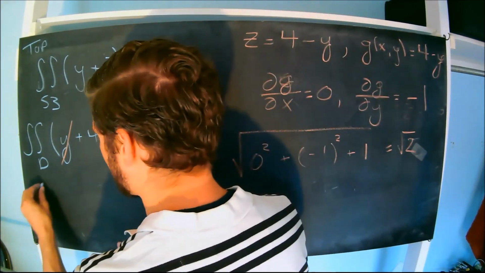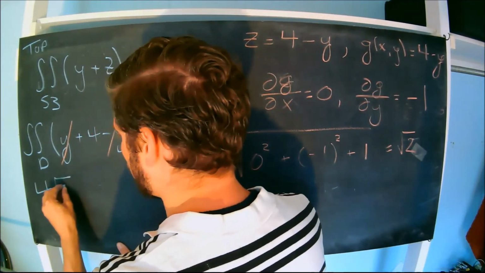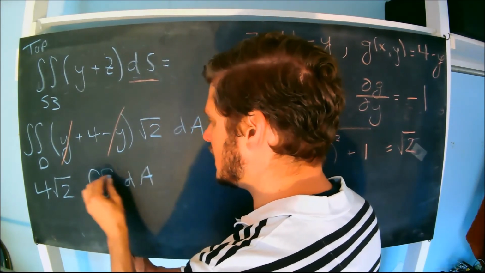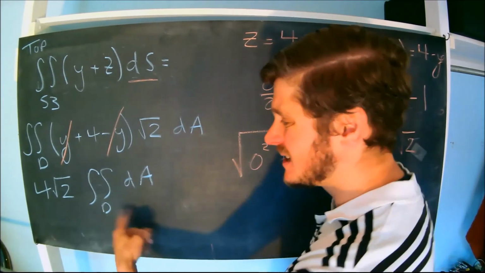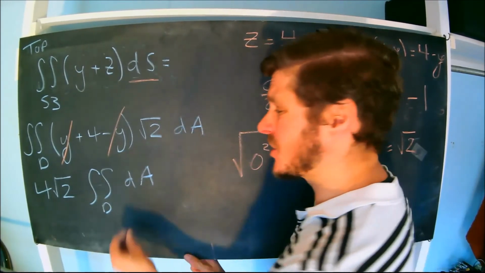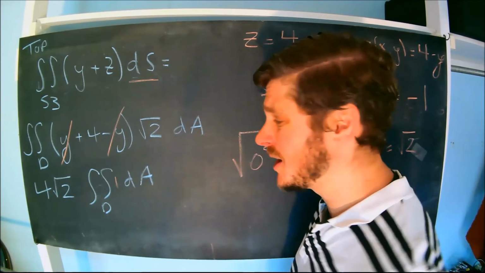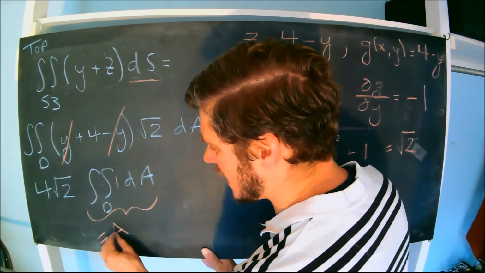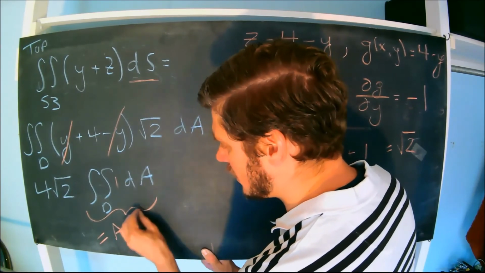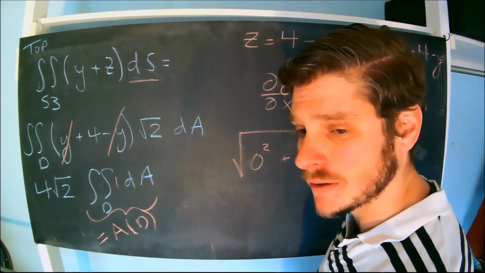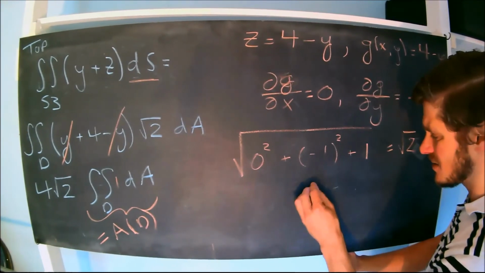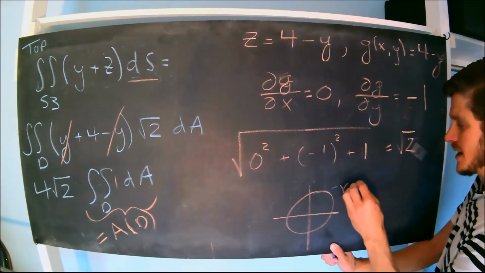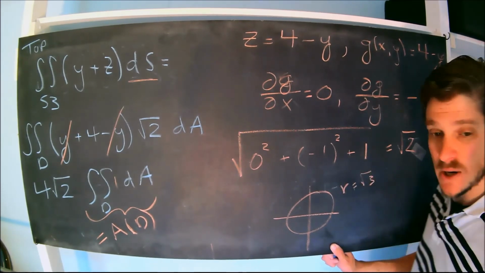But those are constants. I can factor that out. So 4 root 2, and then the double integral over the region D, dA. But remember this, when I factor everything out, when it's the constant function, when all that's left is that invisible 1 here, remember this whole part is equal to the area of that region D that we're integrating over. But we said that region D was the cylinder, that circle where the radius was equal to the square root of 3.